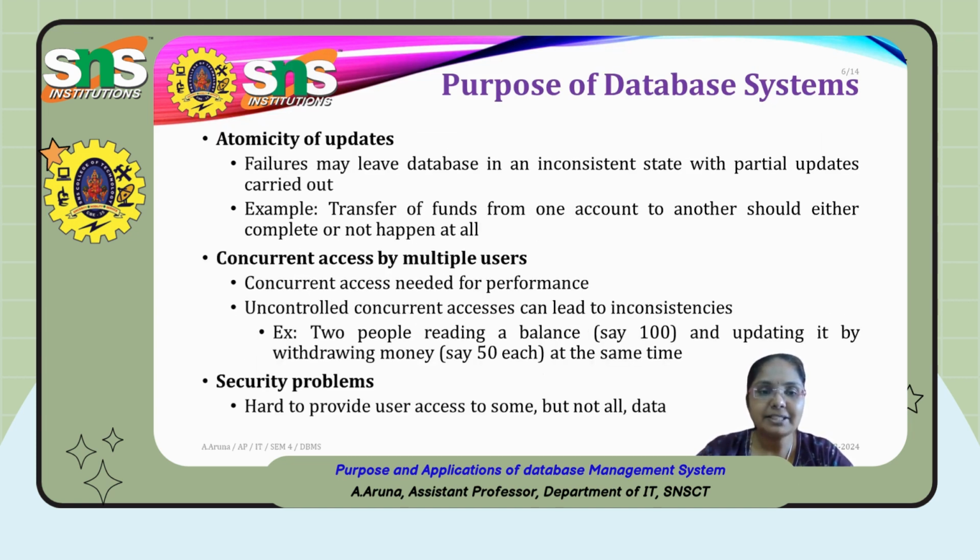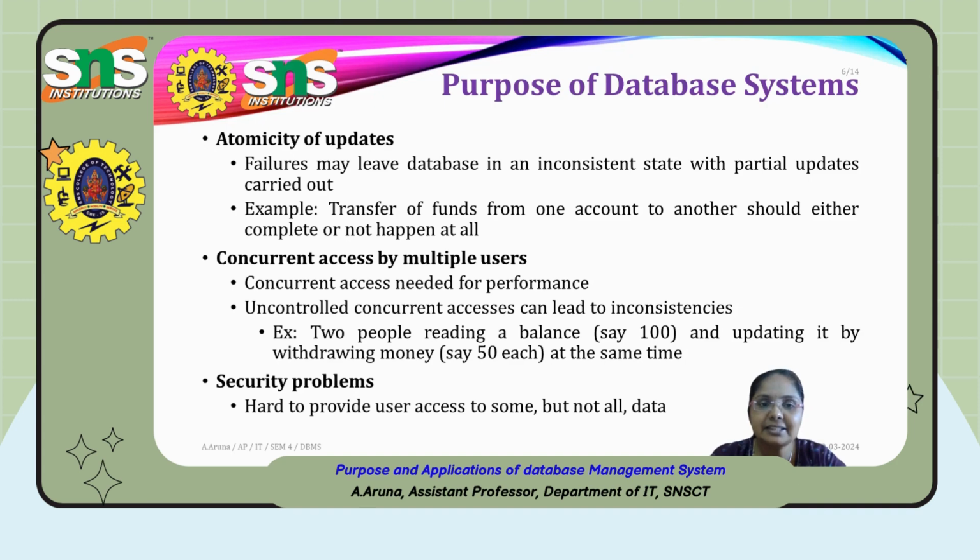The next thing is atomicity of updates. Atomicity means your data should not be left in an inconsistent state. If the data is only partially updated in your database, this causes failure.